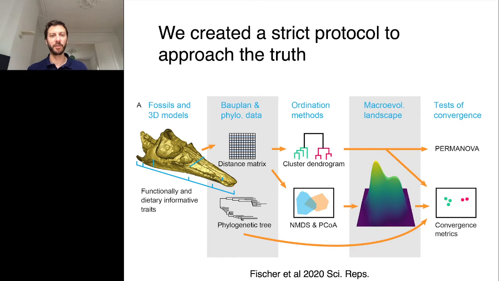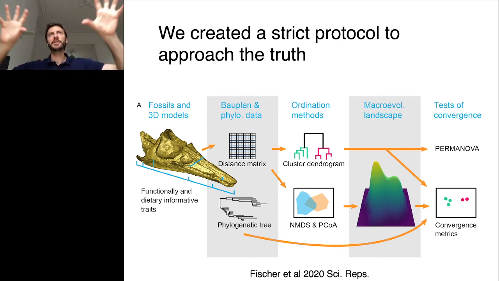Then from this morphological data, we can use what we call ordination methods, where we are going to reduce the dimensionality of all these traits to try to visualize how these animals are different from one another. This can give you the plot you see, what is called an NMDS or PCoA, just what is called a morphospace, where we try to summarize in 2 dimensions the spread of all these animals.